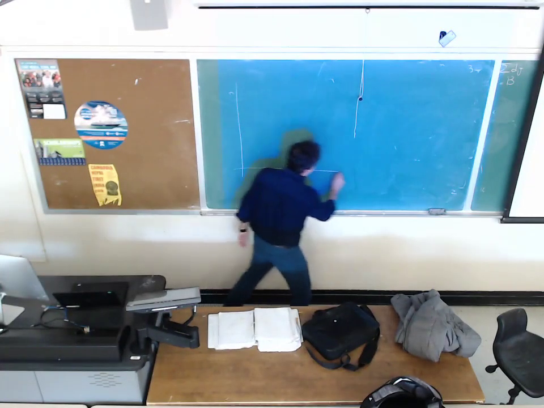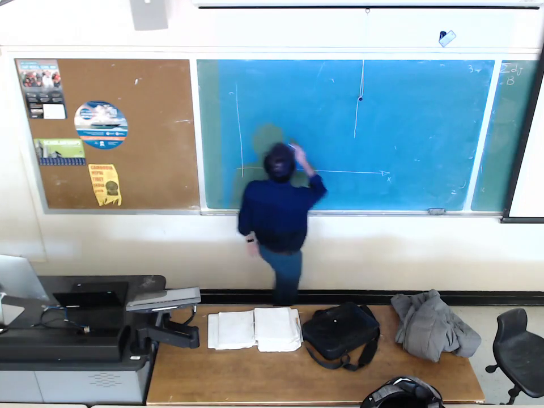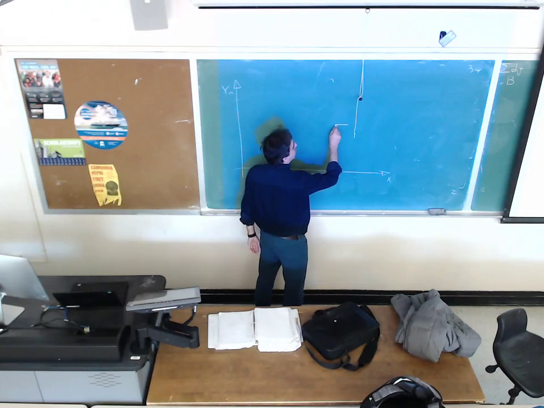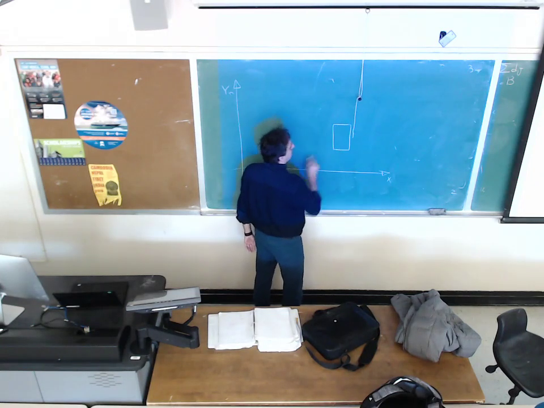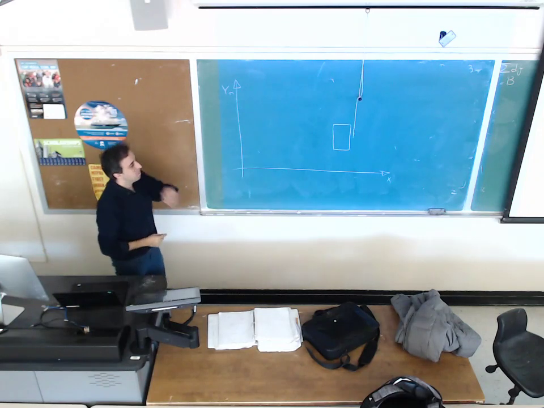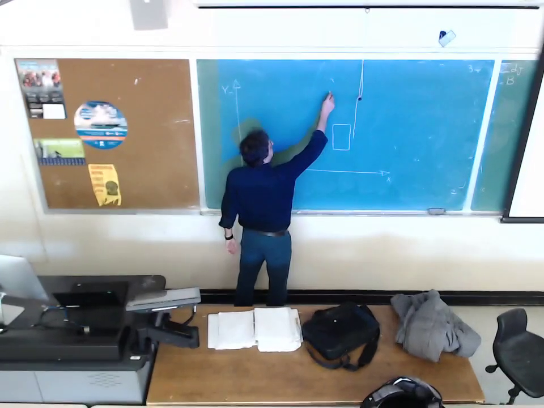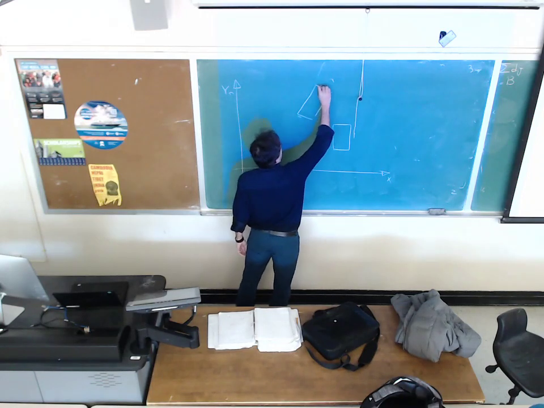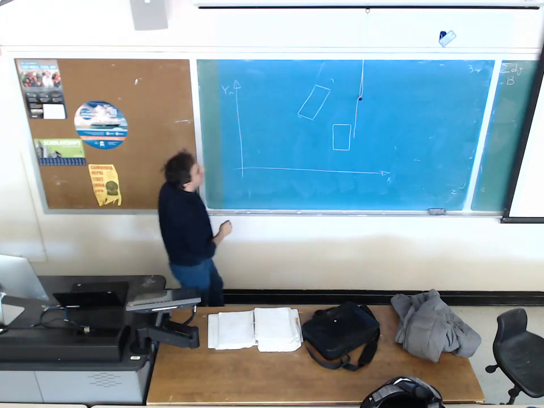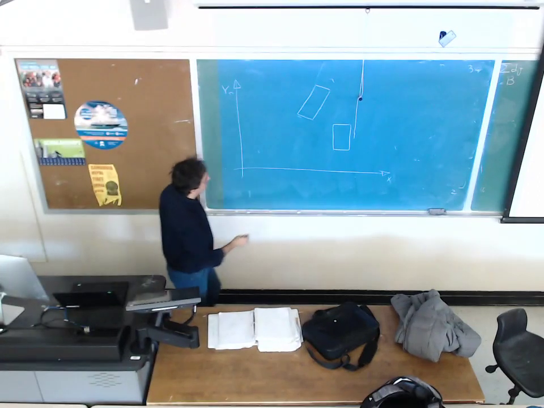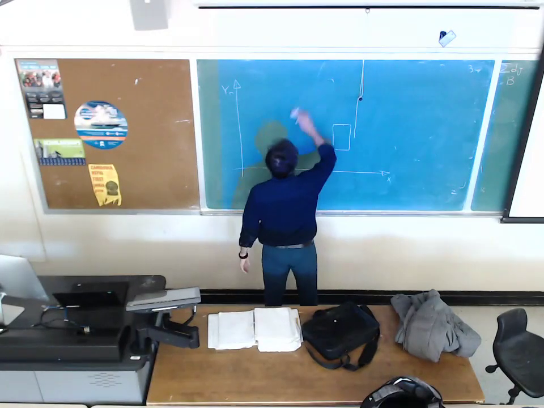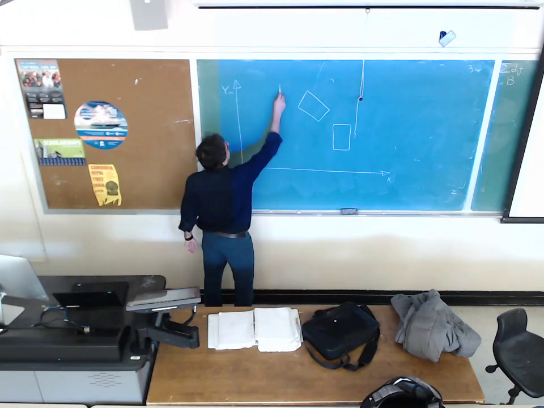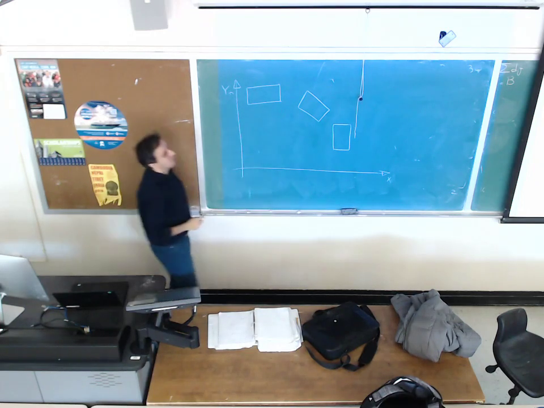So if this is the x and y axis in two-dimensional, we would like to move this rigid body from this position to this position and this position.